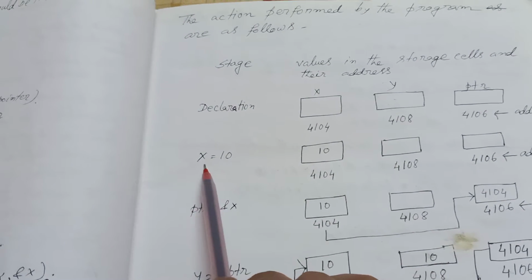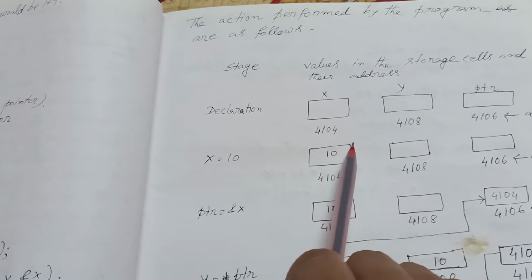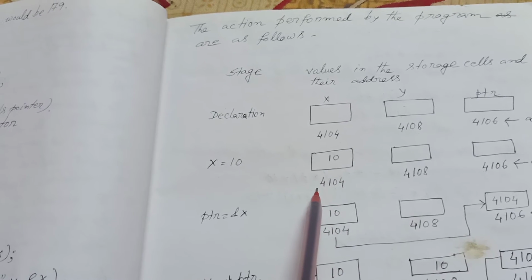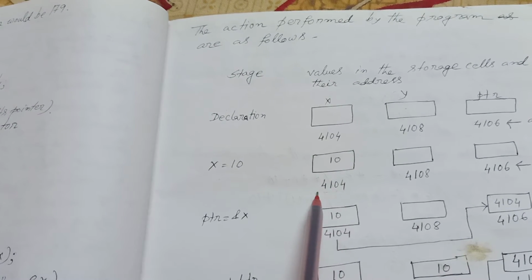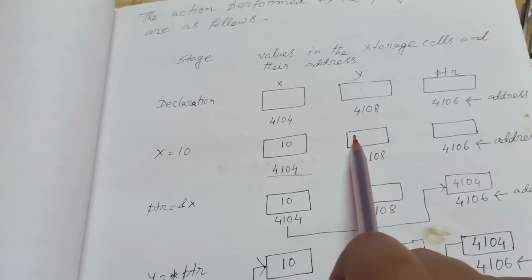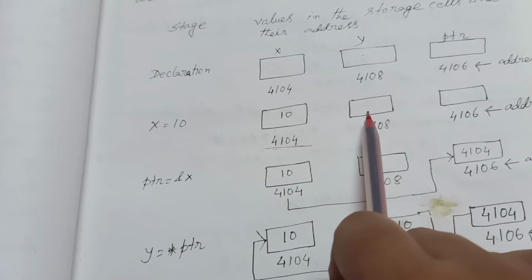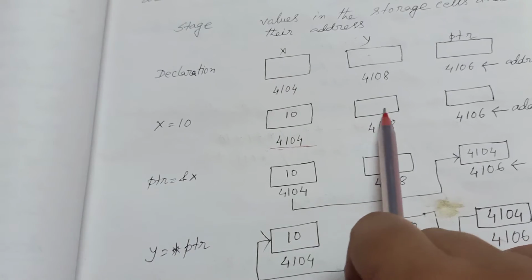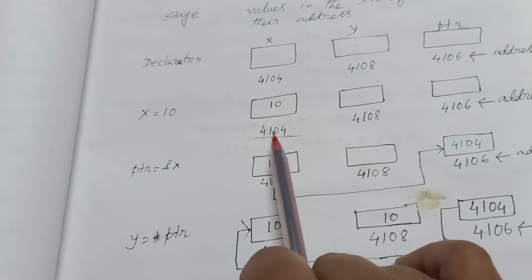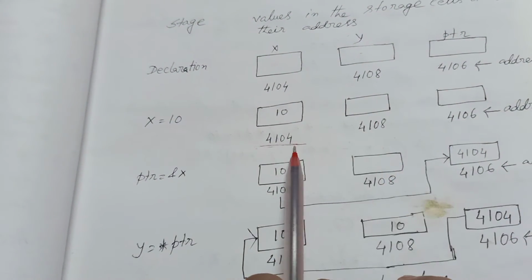So when we declare x equal to 10, then x takes the value 10 in the space of address 4104. Okay, now for y we are not getting any value, so 4108 is blank, and 4106 is the address of the pointer variable ptr.